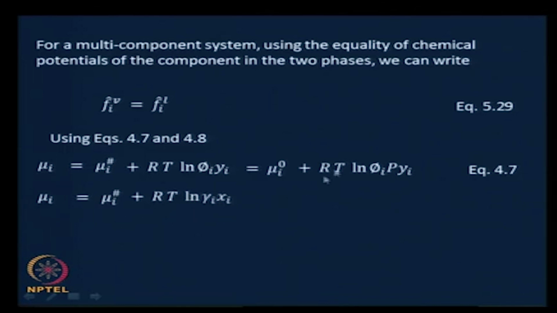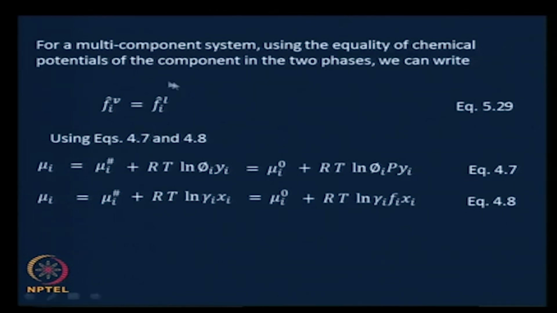This is for the liquid phase and this is for the vapor phase, and for the liquid phase this further equals mu I naught plus RT ln gamma I fi xi. This was equation 4.8.